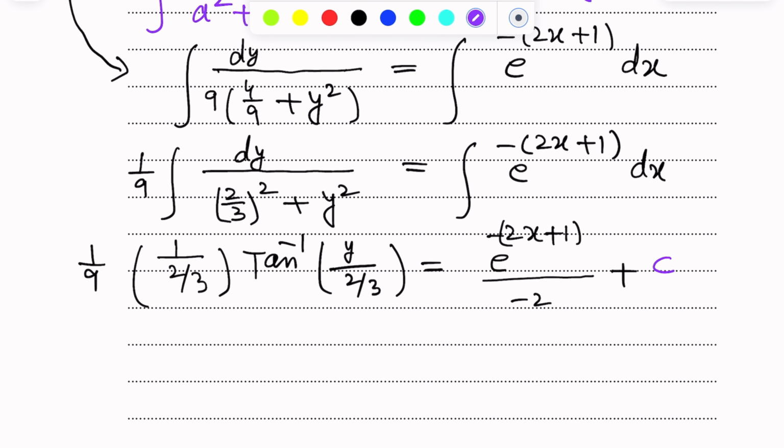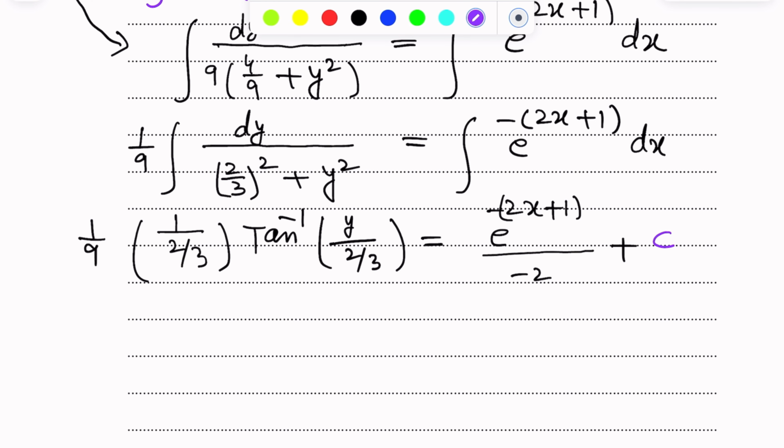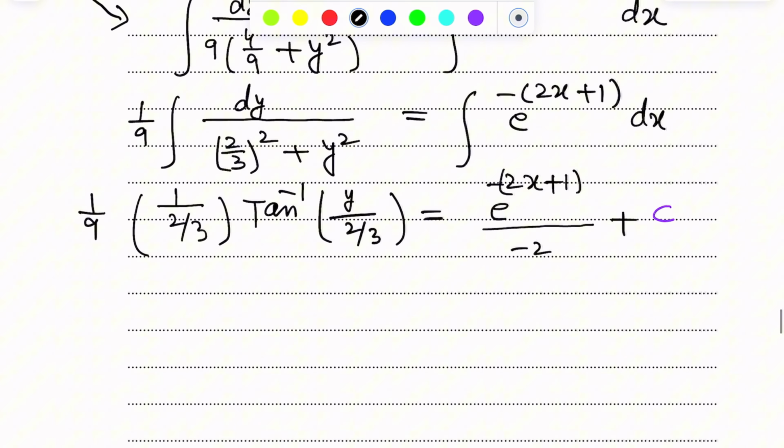Now we will simplify it first. Left hand side will be 1 over 6. This 3 will come in the numerator and be cancelled with 9. We get here 1 over 6 after simplification, tan inverse 3y over 2.